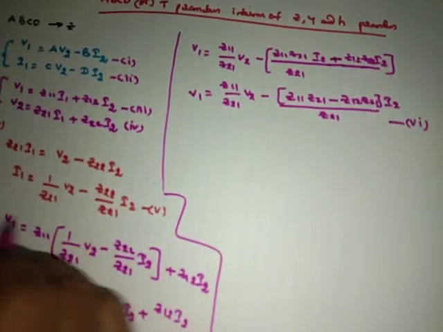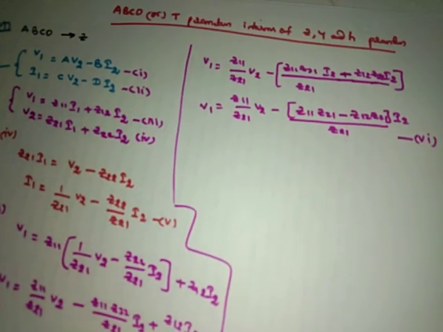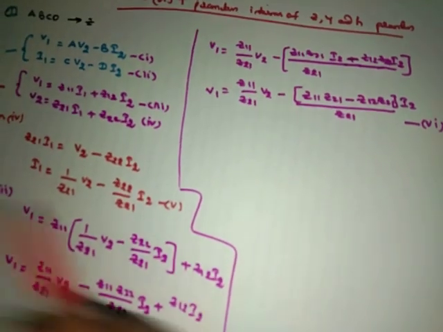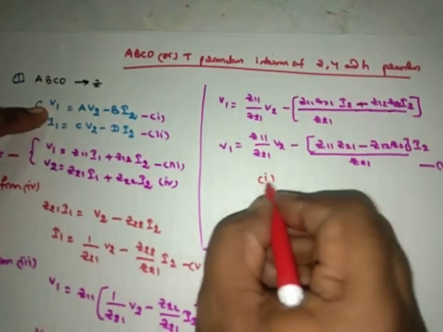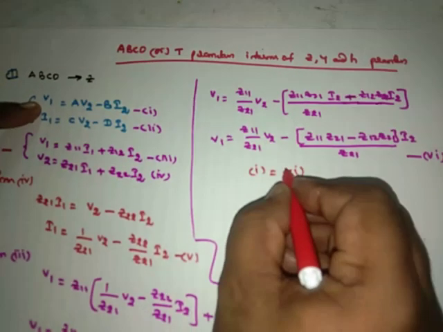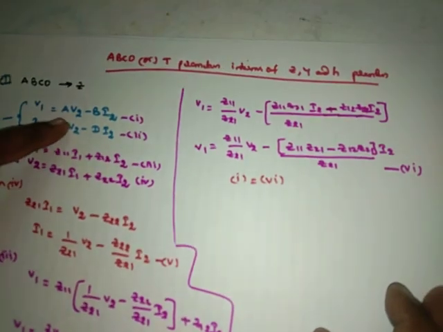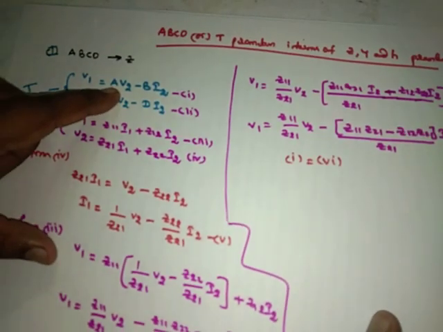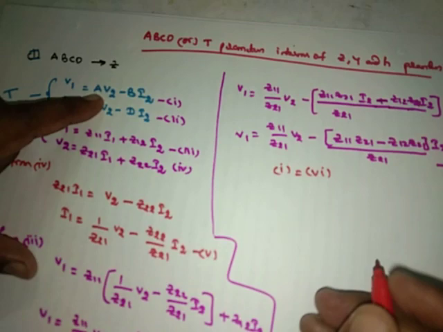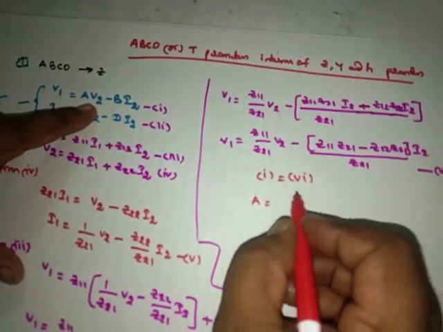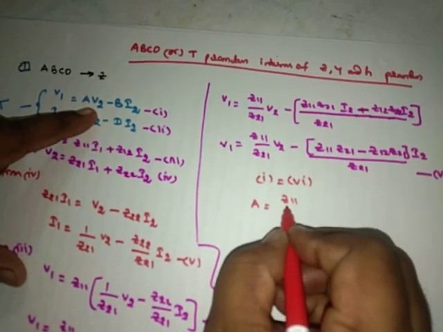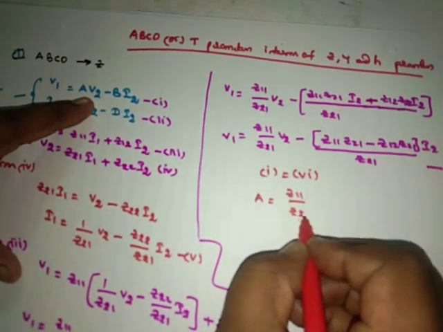Now compare here. Equation 1, V1, is equal to 6. So from that, A is equal to Z11 by Z21.